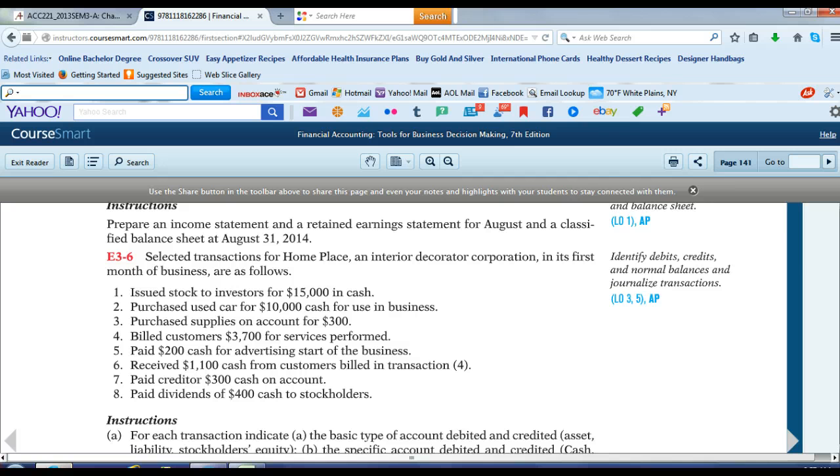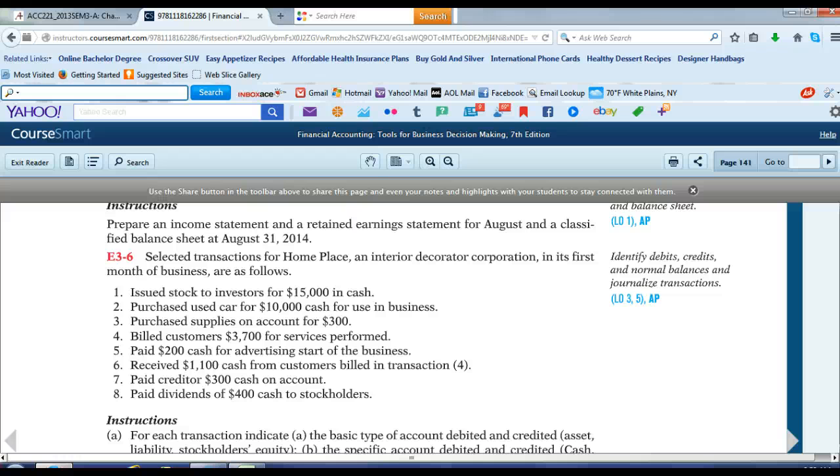Now next, we've received $1,100 cash from customers billed in the transaction 4. In 4, we see we billed customers $3,700 for services performed. Now we received that $3,700 that's in accounts receivable. $1,100 of that money's come in.